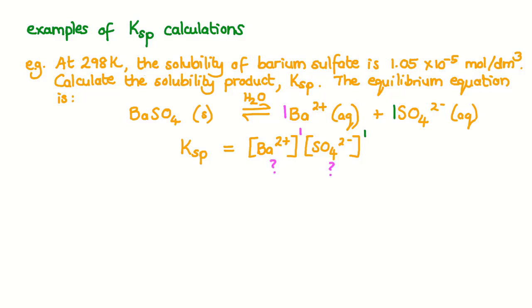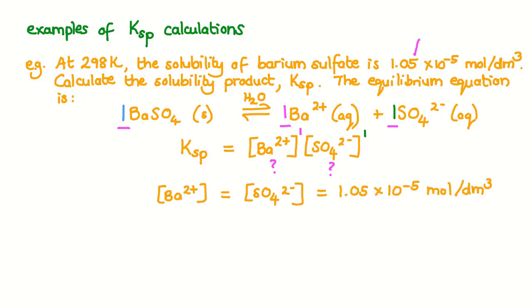We are not given the concentrations of the ions, but we do know that for every 1 barium sulfate there is 1 barium ion and 1 sulfate ion. And because they are all together in the same volume of solution, we know that the concentrations of the barium and sulfate ions will be the same as each other and will be equal to the solubility of the barium sulfate.